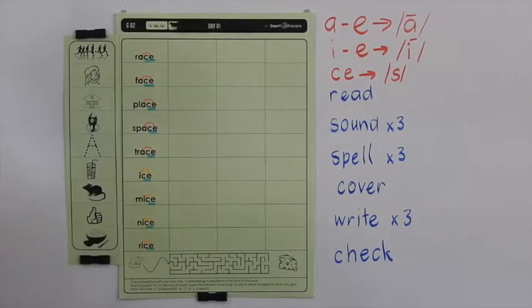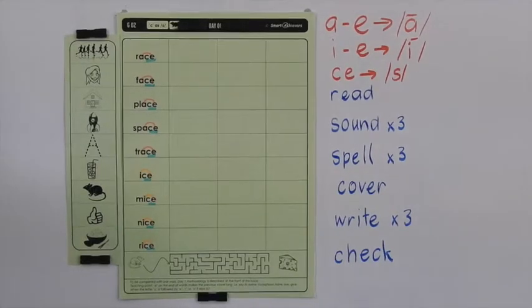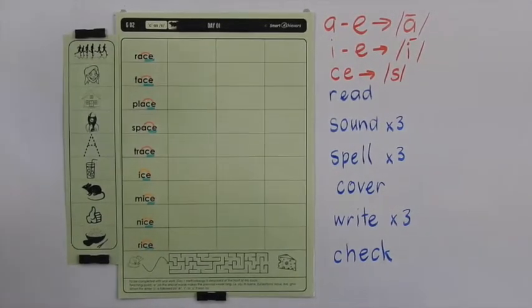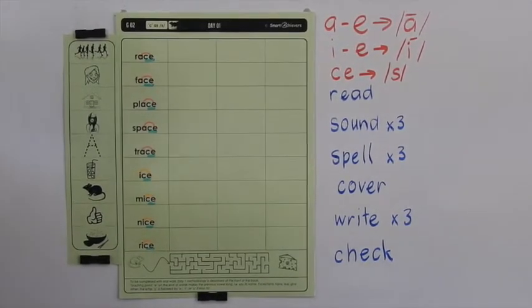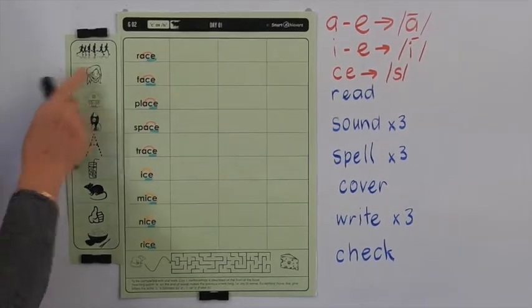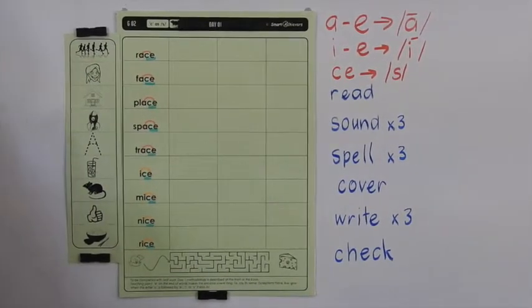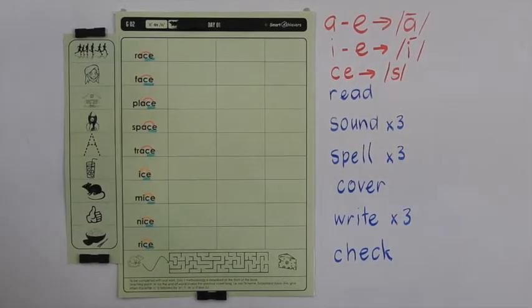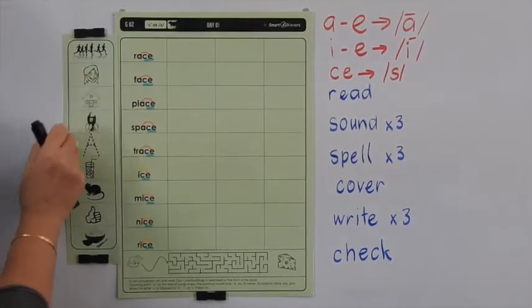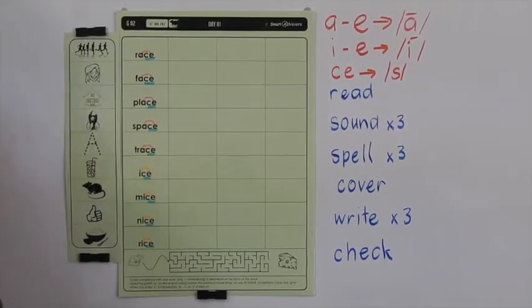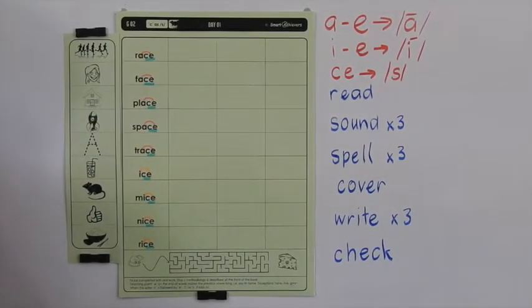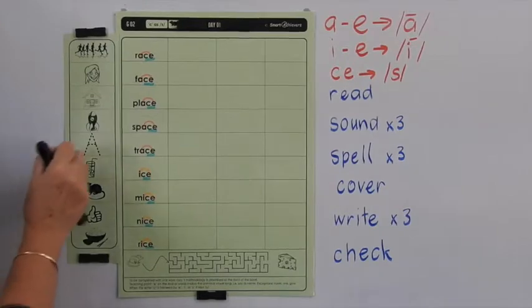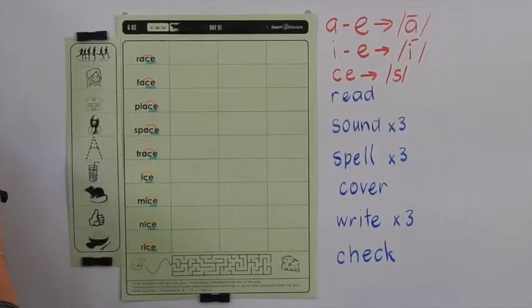Now let's look at the meanings of these words. If you have a competition with someone to run somewhere, you might have a race and you find out who's fastest in the race. A face could be your face, or it could be the face on a three-dimensional cube or something like that, the flat surface. A place is somewhere that you might go.